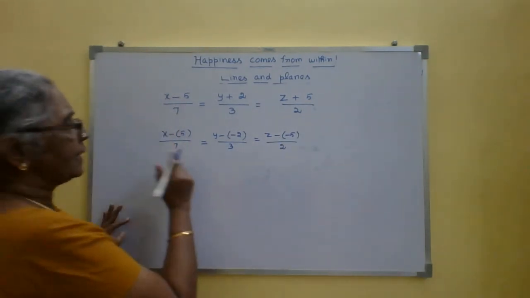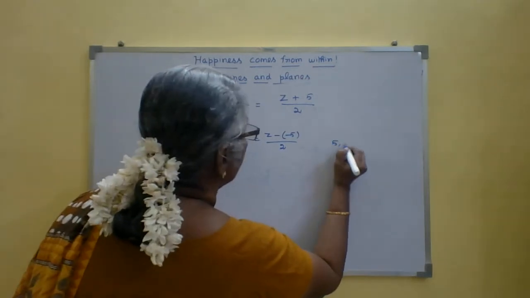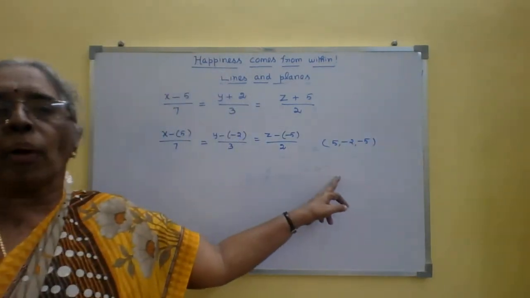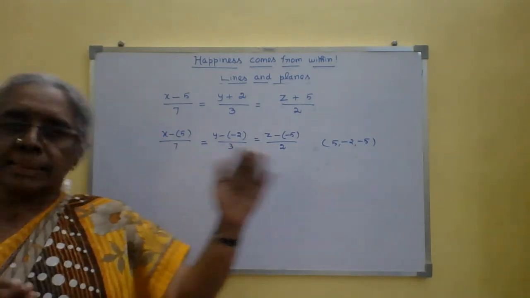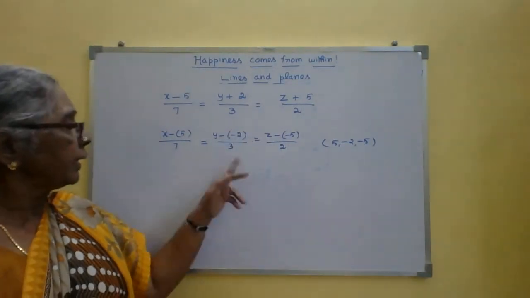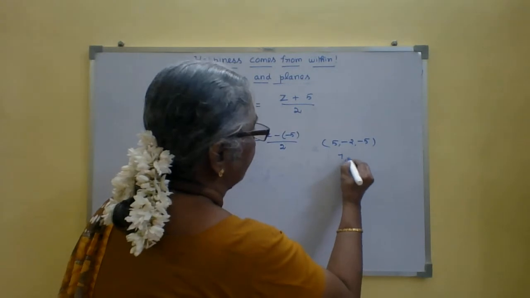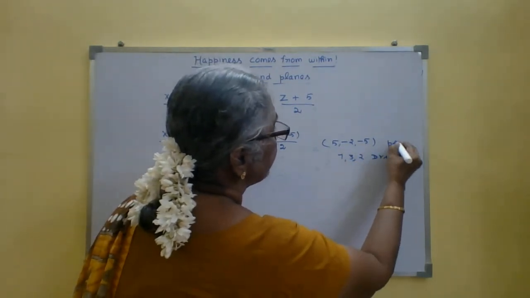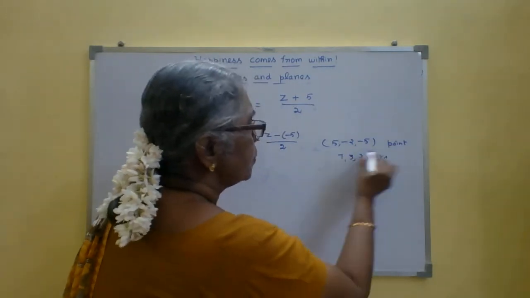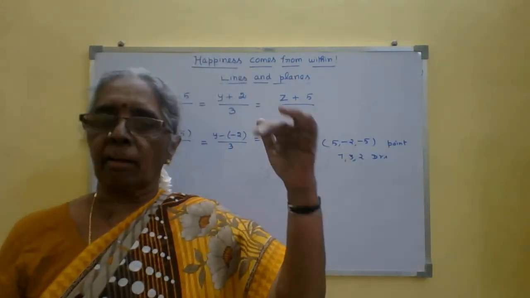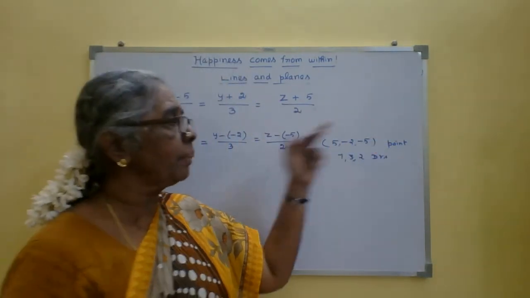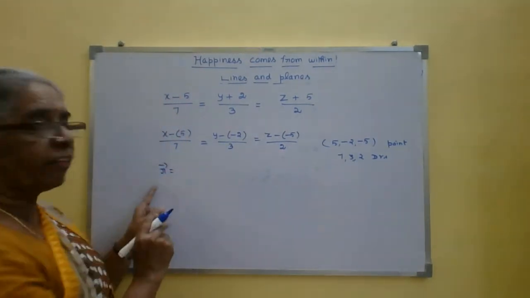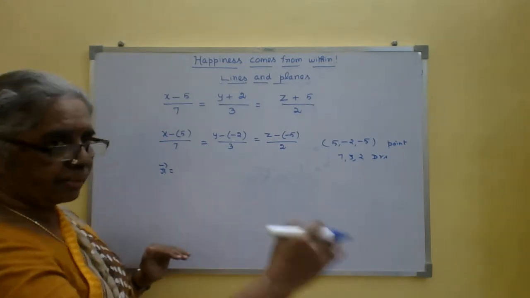My point here is 5 comma minus 2 comma minus 5. This is the point because I have a minus in the formula. Then the denominators, that is 7 comma 3 comma 2, are the DRs. This point is the position vector in the vector form. That will be my a vector. So now I will write r vector is equal to, don't forget to write this r vector because it is an equation.